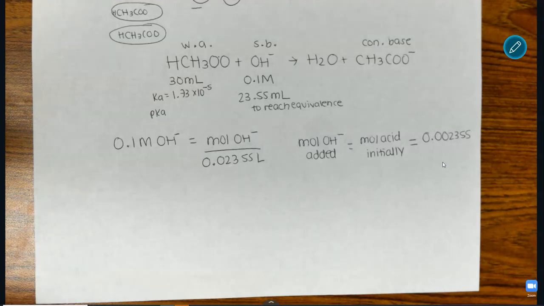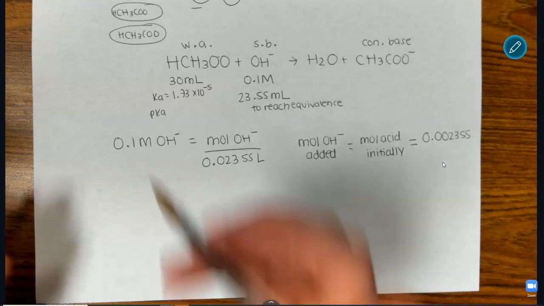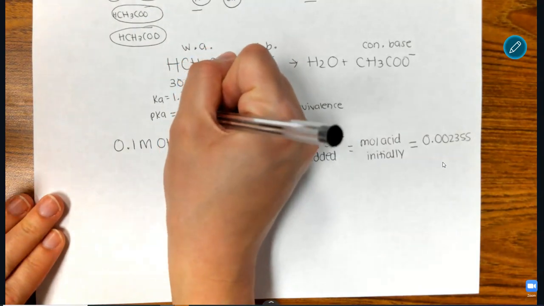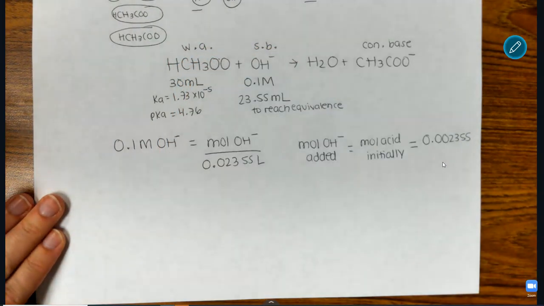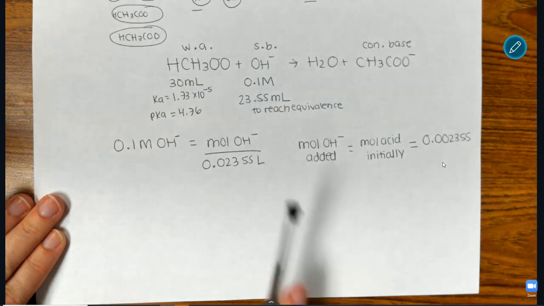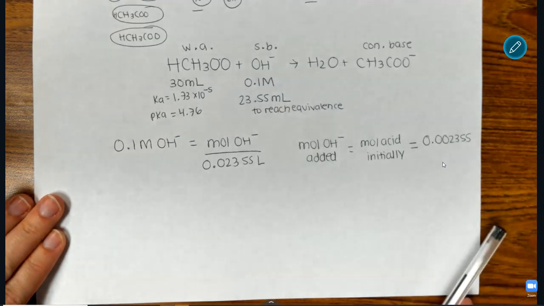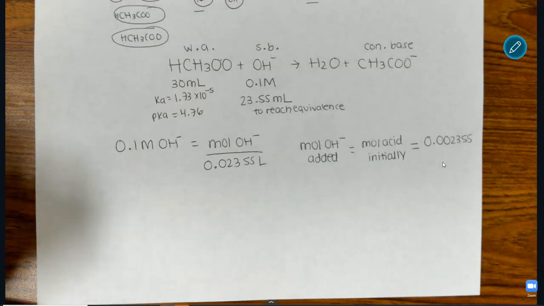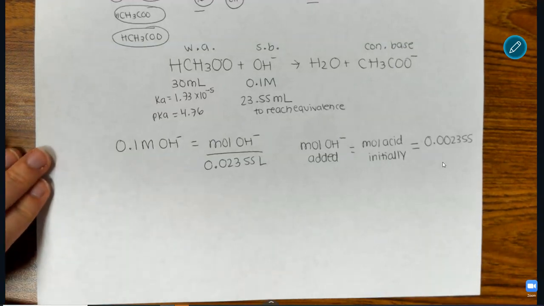So if I negative log 1.73 times 10 to the negative 5, I get that the pKa is 4.76. Because during these titrations at the midpoint, which is halfway to equivalence, pH equals pKa. And again, I talked about that in the first video. And I like to write that down.